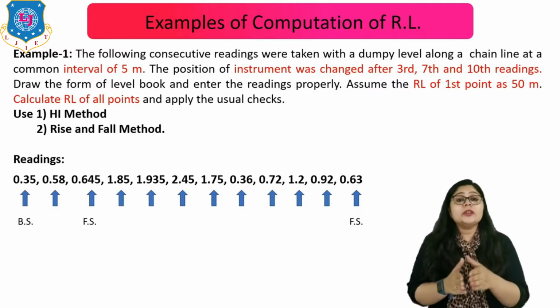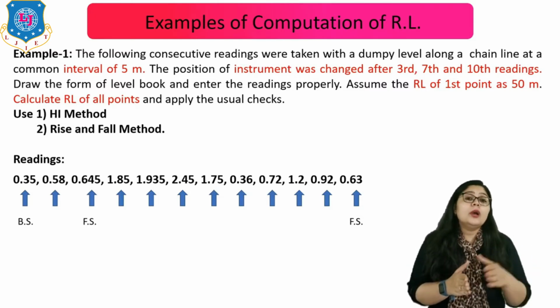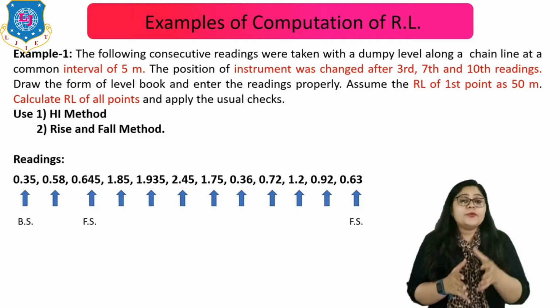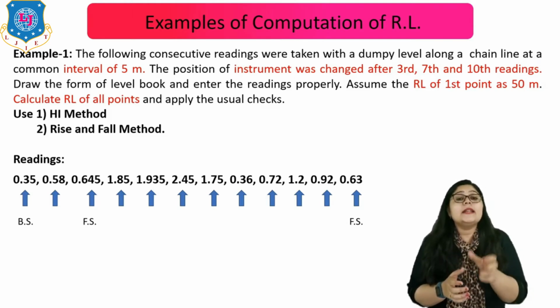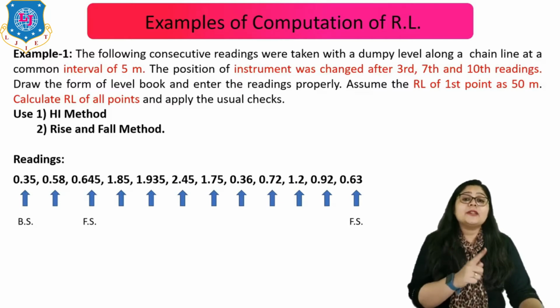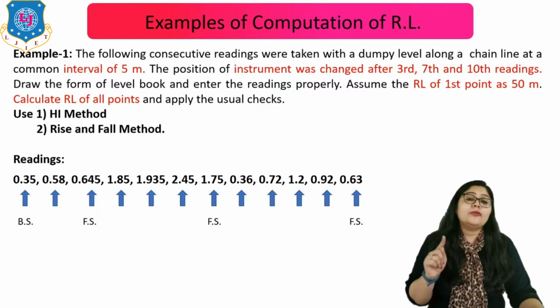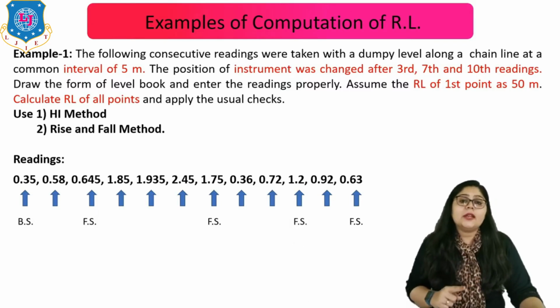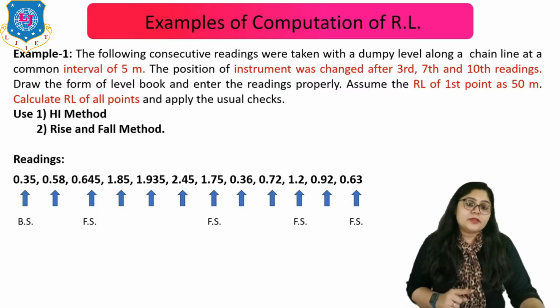It means after the 3rd we are going to change the instrument, so for this setup the 3rd reading is the last reading. It means this is the FS, right? Again after the 7th reading, my 7th reading is an FS, and after the 10th it is again my FS, right?